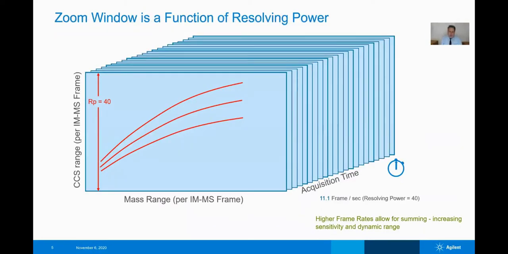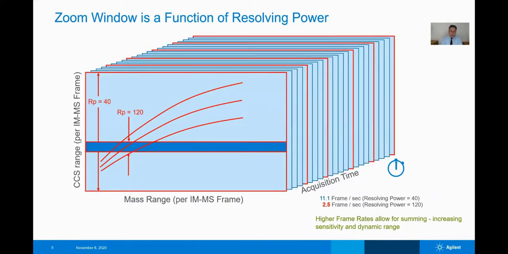When we consider what that means for the actual analytical application, we start at a base resolving power of about 40, and that gives us essentially a full range analysis over mass and collision cross-section. When we want to increase the resolving power, in this case to 120, then the actual range that can be monitored is reduced to accommodate that slower speed, and the acquisition rate is reduced by about a factor of 4 as well.